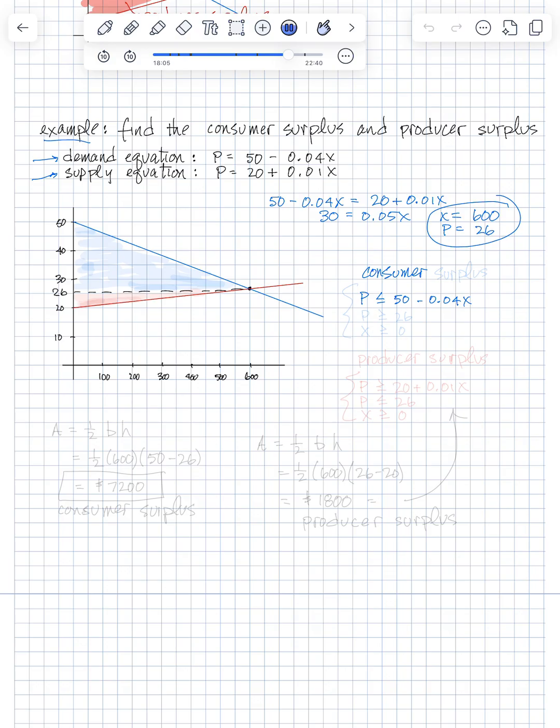That's the equation we were given. We also know that P is greater than or equal to 26. From the equilibrium point, we also know that x is greater than or equal to 0. So that's our consumer surplus.